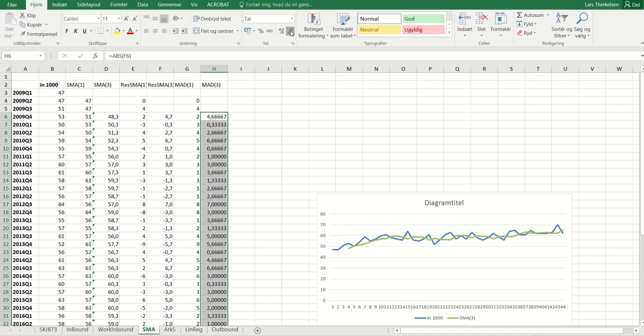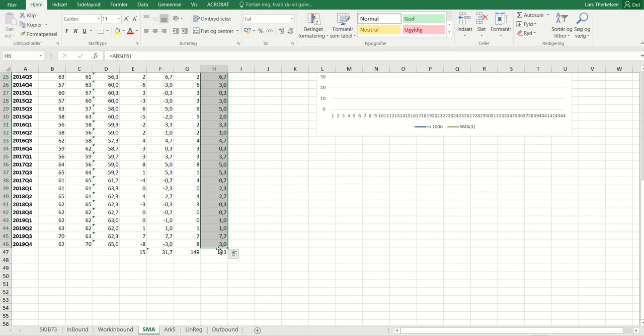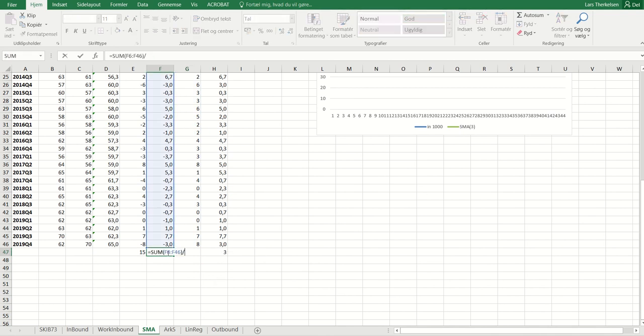Again, I'm going to reduce these, and we notice that there should be 44 observations, and we've removed 3, so the average of this one should be divided by 41. This should be divided by 43. This should be divided by, again, 41, and this should be divided by 43.